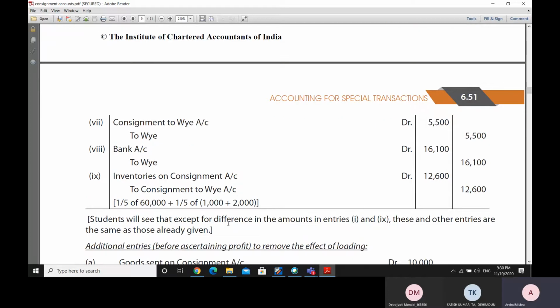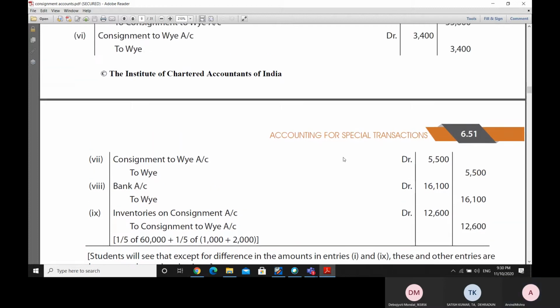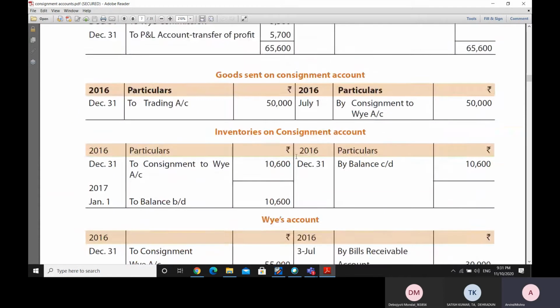Now here we are seeing that except for a difference in the amounts in the entry of 1 and 9, the other entries are the same, because consignment account is again debited for 5,500 to Y. Let us see this entry in the above example also.